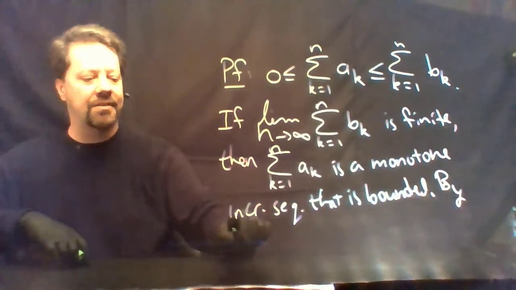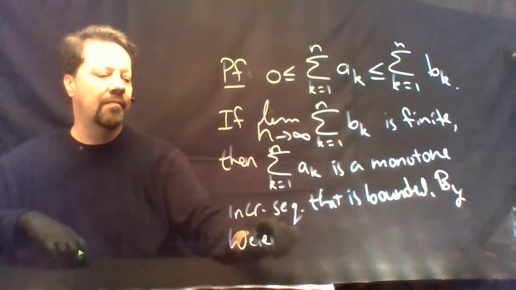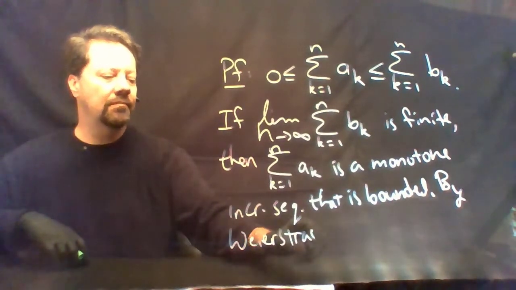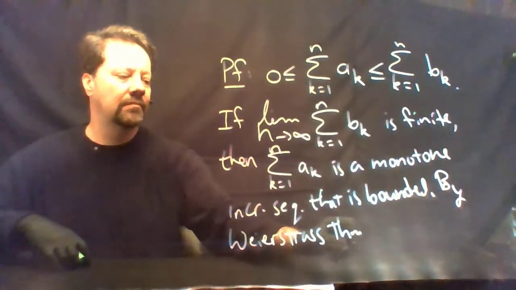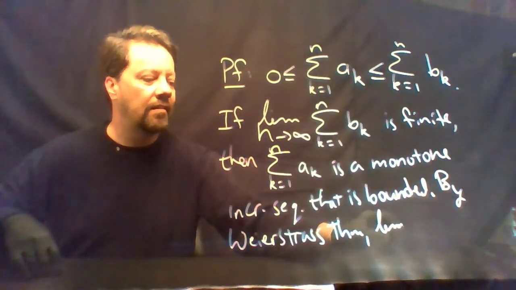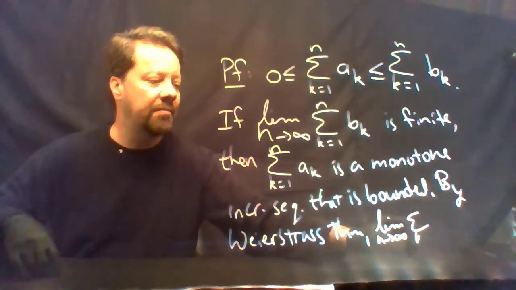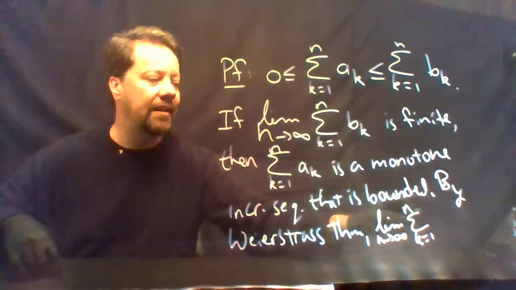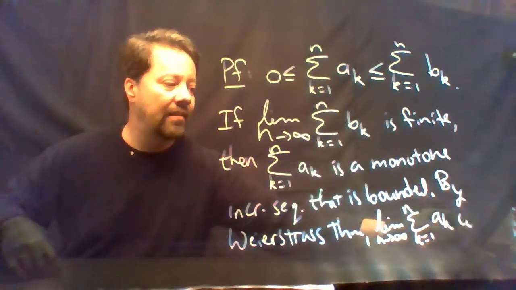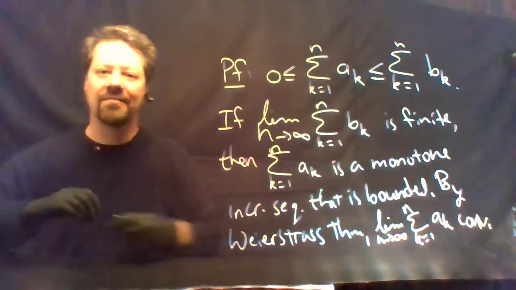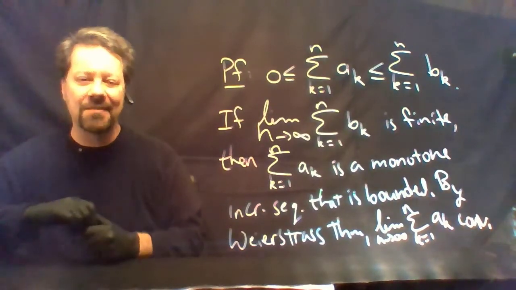By the Weierstrass Theorem, the limit as n goes to infinity of the sum as k goes from 1 to n of a sub k must converge. It's a bounded monotone sequence.